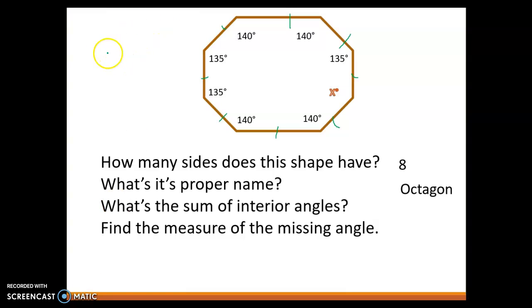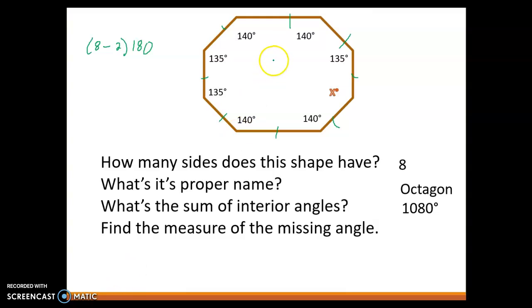The sum of the interior angles, again, we would take the number of sides, which is 8, subtract 2, and multiply all of that by 180. So the sum of the interior angles is 8 minus 2, which is 6, times 180. And then when we do that, we get 1080 degrees.